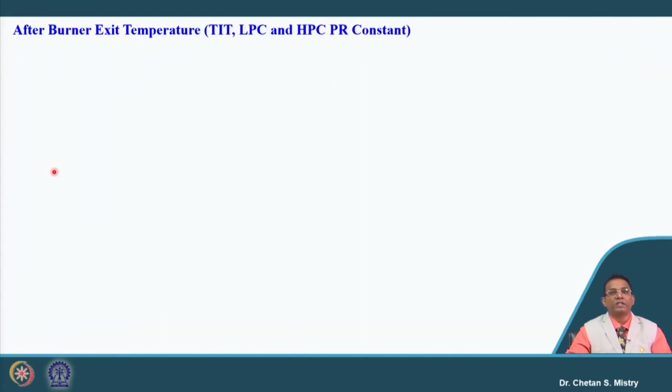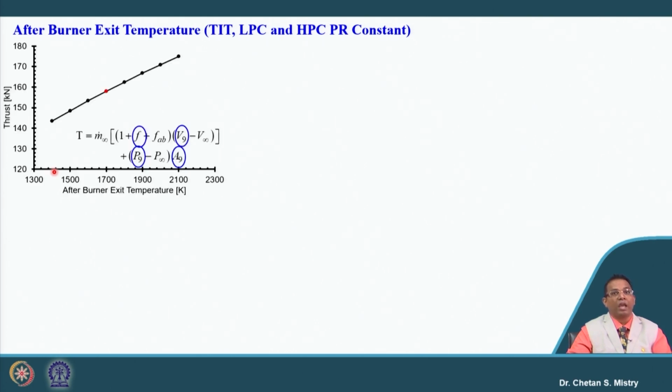Now, let us look at afterburner exit temperature. Here we are keeping our turbine entry temperature, LP compressor and HP compressor pressure ratio constant, and in this case, if we increase our afterburner temperature, where our design condition is 1700 Kelvin, we are able to increase the thrust.